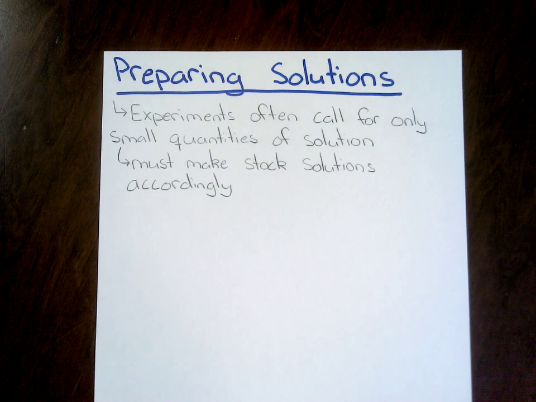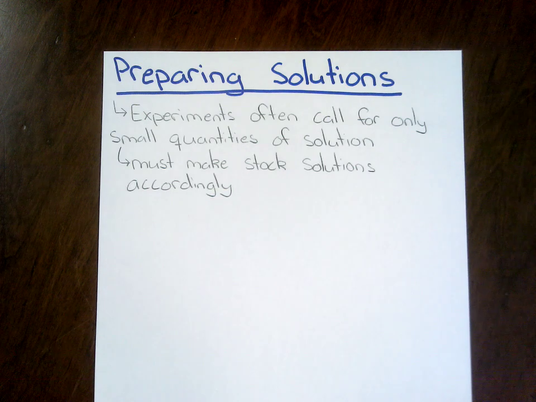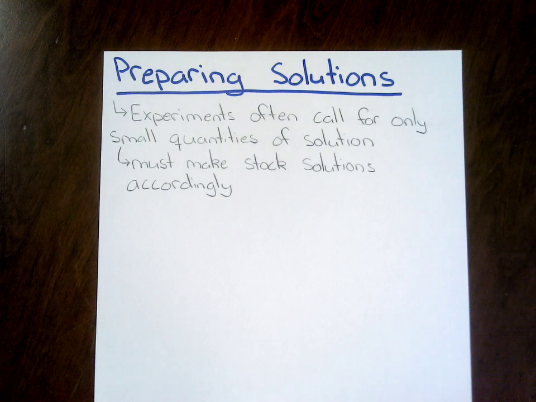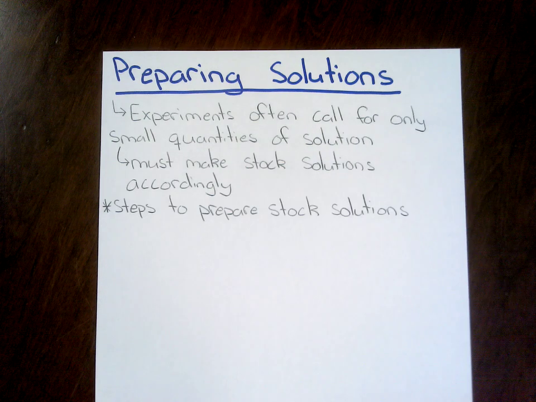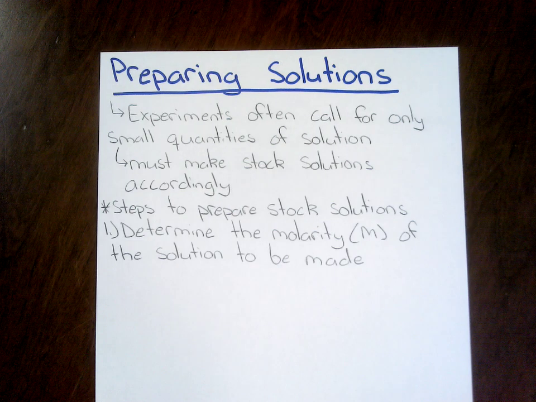And so we have a defined set of steps to prepare stock solutions. Number 1 is to determine the molarity of the solution that needs to be made, and this will typically be given to you. The second thing is to determine the number of liters of solution to be made. This step will typically also be given to you, just like in step 1.